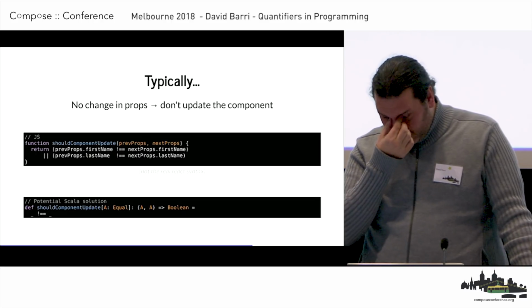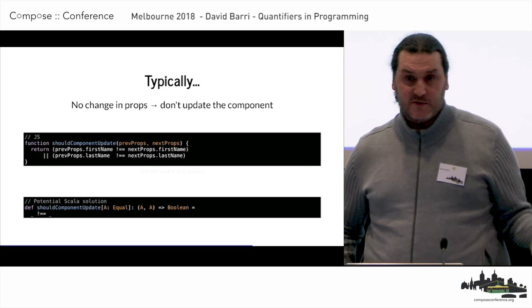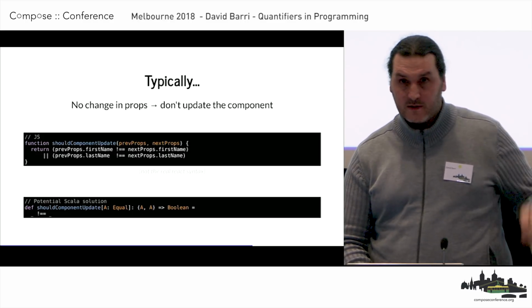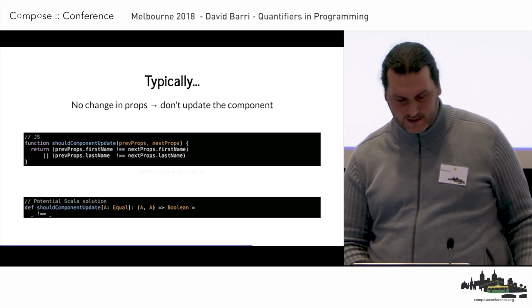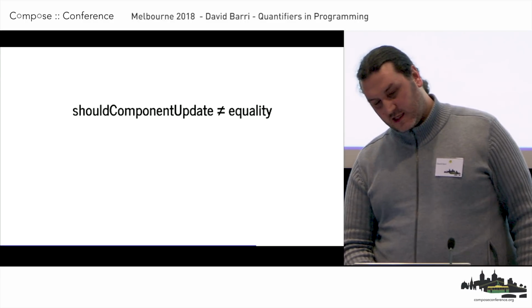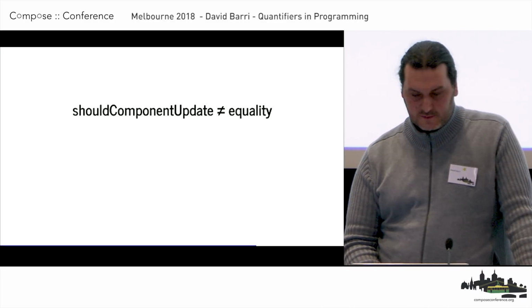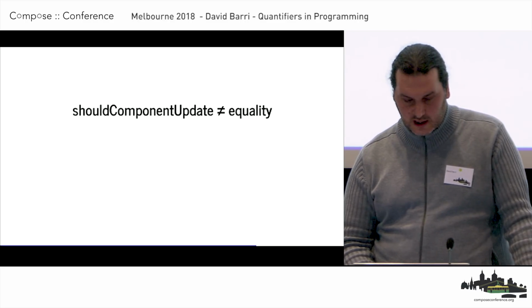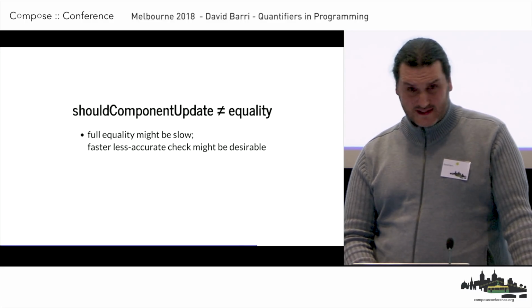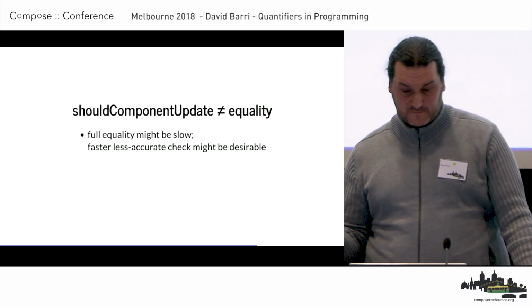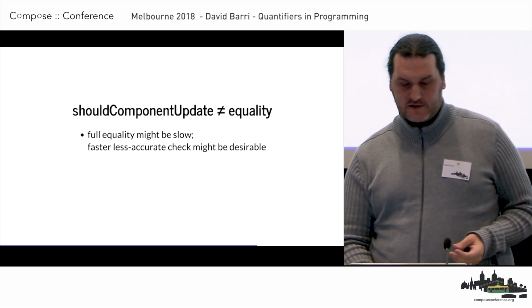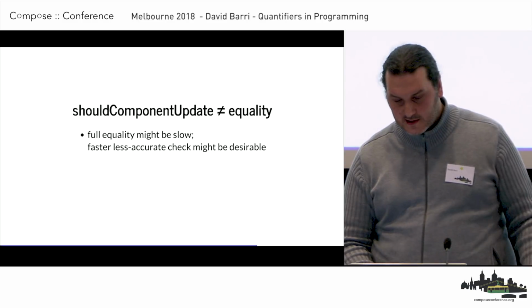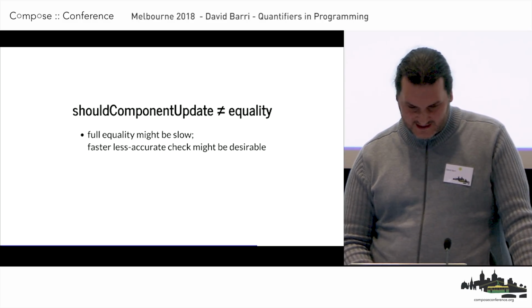So looking at this, you might think a potential solution in Scala is to just use an equality type class and then negate the value. If they're equal, no need to update. But in the real world, it's not so simple. You don't always just use the result of equality. This is a performance optimization. In some cases, full equality might be very slow to calculate, whereas you just want a less accurate, really fast function instead.